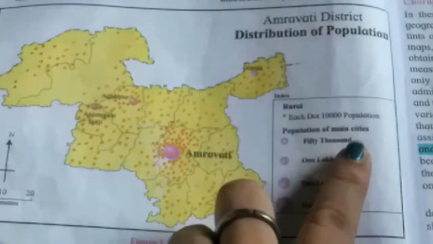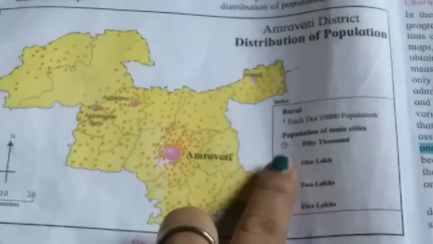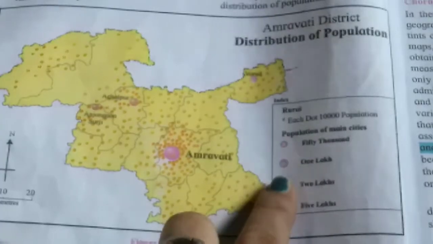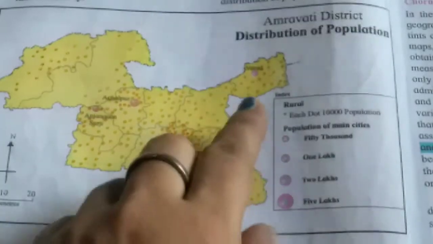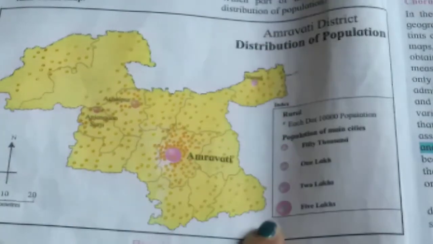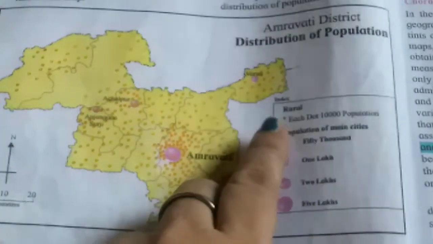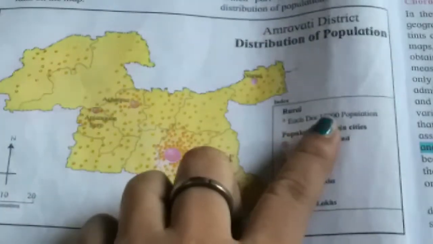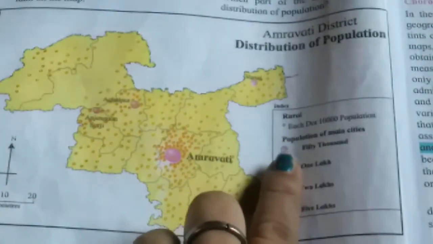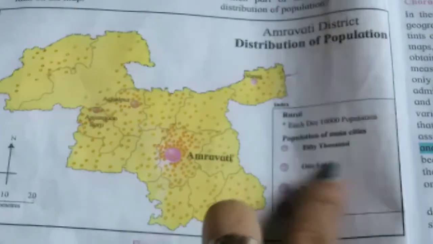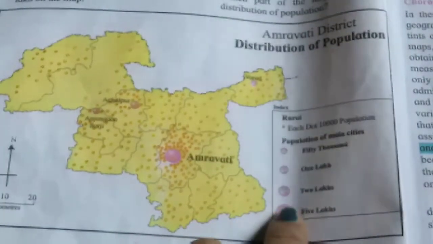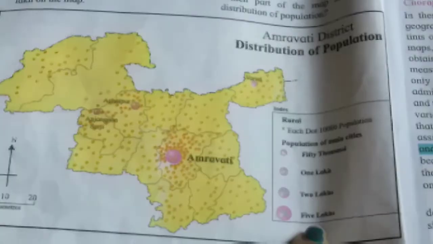So population of main cities. Now here see the size of the dot. There are 5 different sizes. So accordingly, for one small dot it is 10,000. This type of dot it is 50,000 people. Here 1 lakh people. Then 2 lakh people and here 5 lakh people.